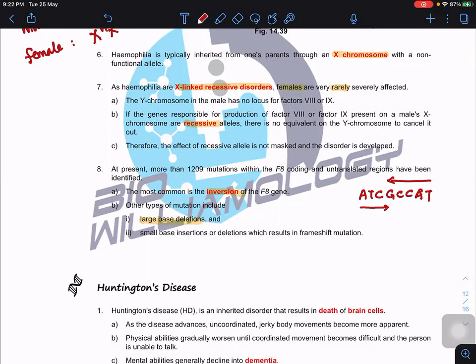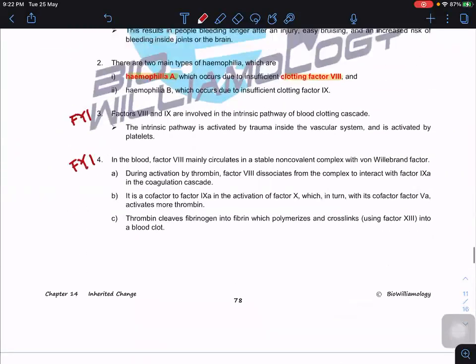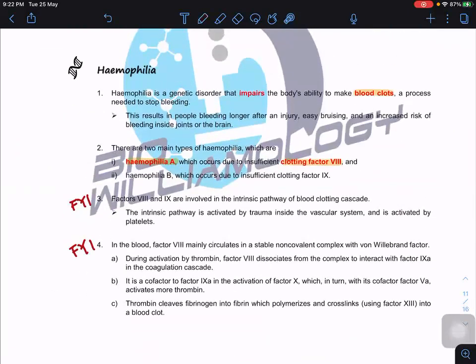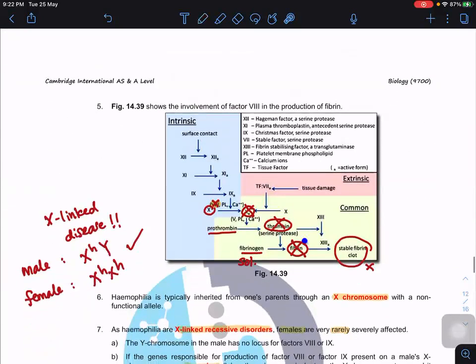So I repeat again. For this disease, what we need to know is how the allele functions. The allele causes a problem in clotting factor 8. Without the clotting factor, fibrin cannot be formed, and without fibrin, blood clotting does not take place.